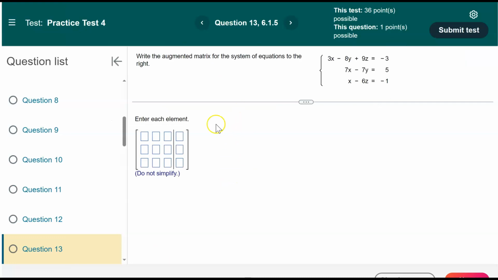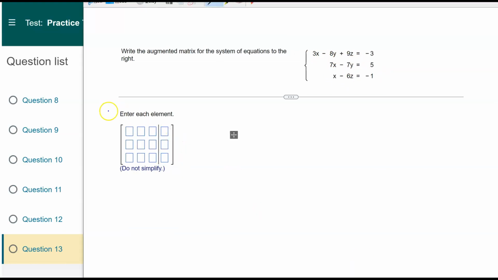Question number 13. We are asked to write the augmented matrix for the system of equations here. Now, first, we make sure that they're all aligned, like all the x's are aligned and all the y's are aligned and the z's are aligned. Then you input it to the elements here.